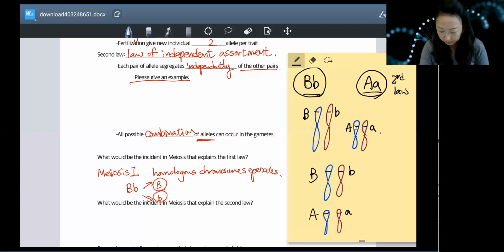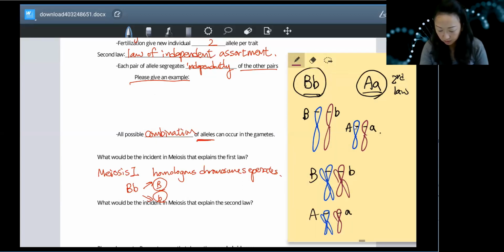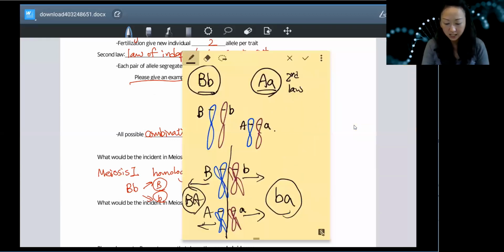Obviously, you got 2 of everything, right? And then you split them. So there you go. You end up with little b with little a, or big B with big A. That's one possibility.